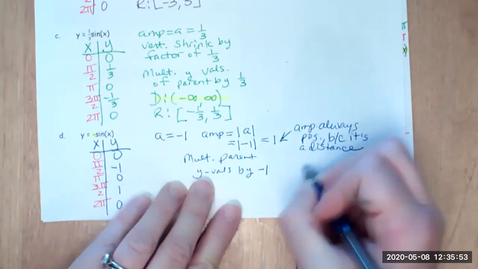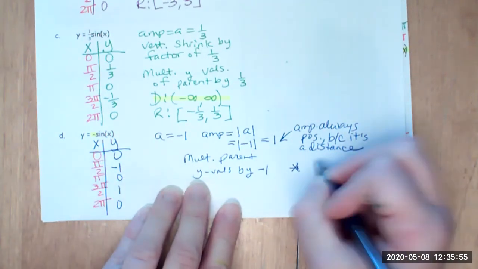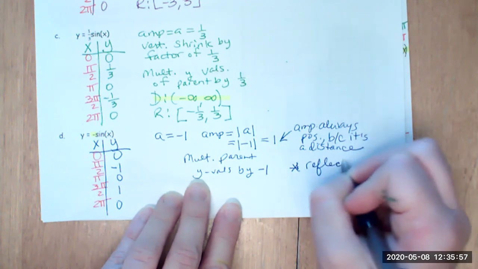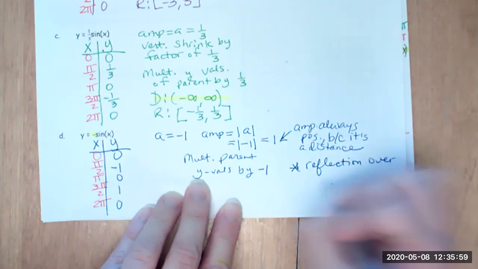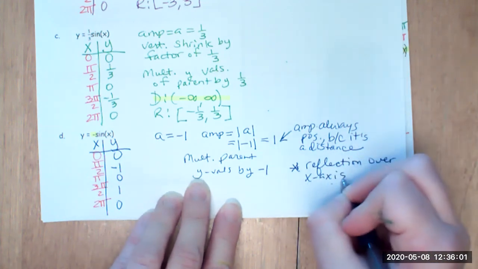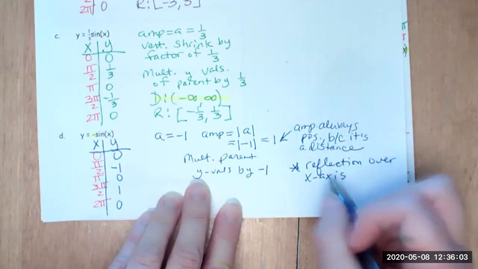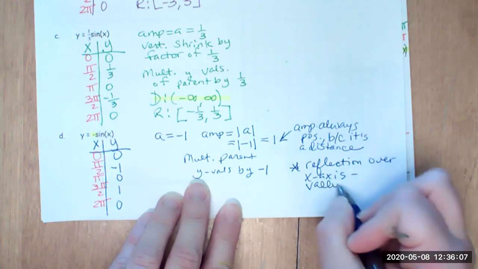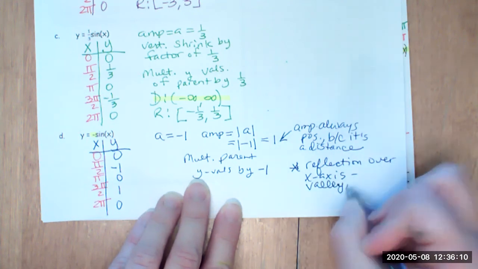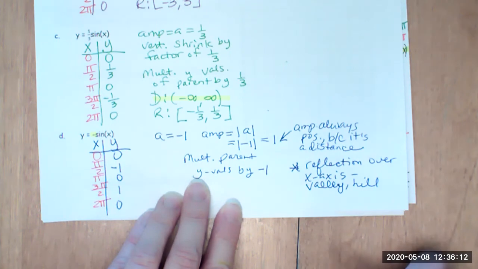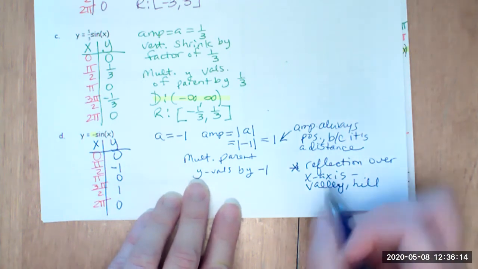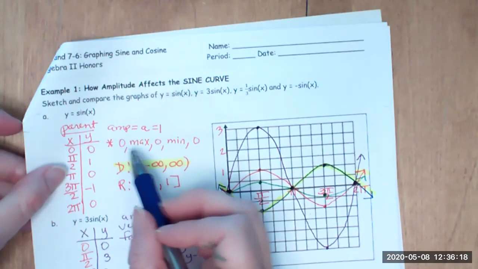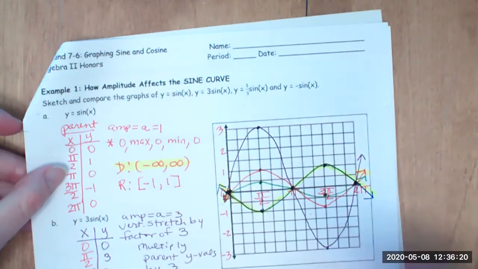Okay, so you'll notice that when we reflect it, we have a reflection over the x-axis. So basically, you're going to see a valley and then a hill. Okay, and also something to notice here is that, remember here we said your pattern for, we have 0, max, 0, min, 0.